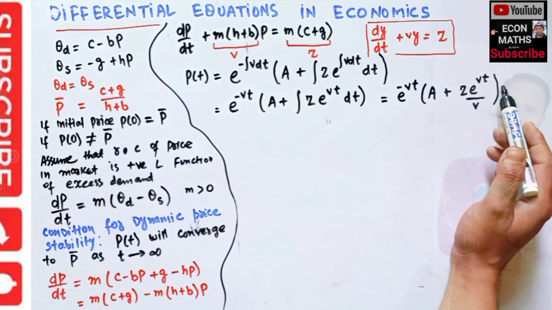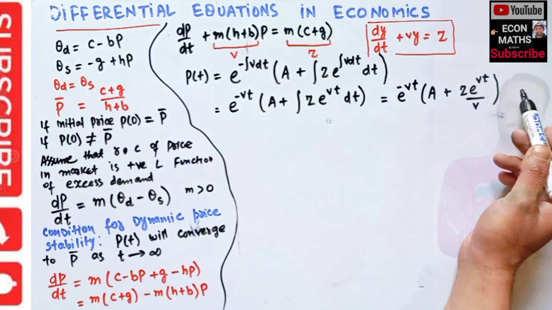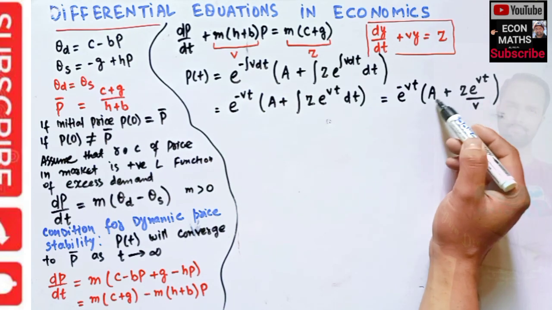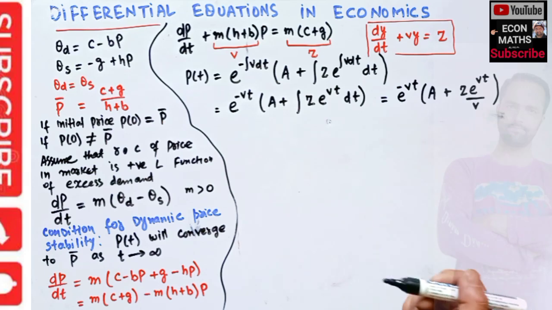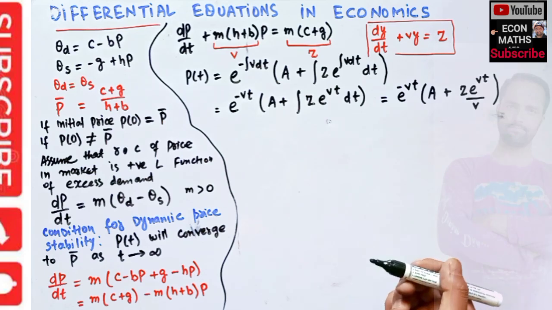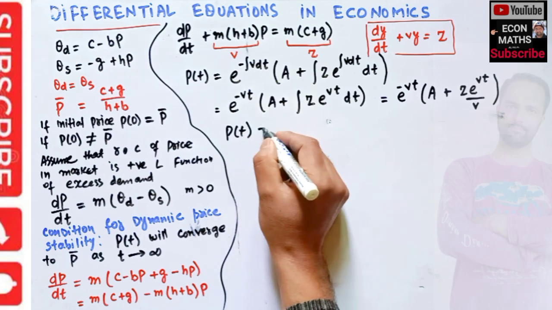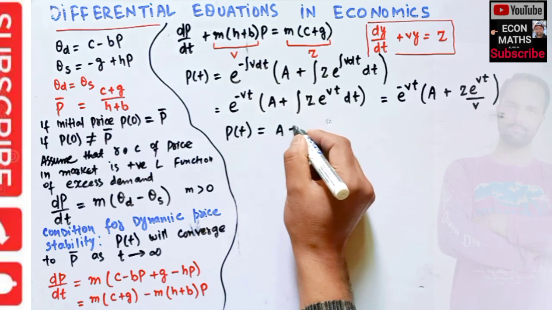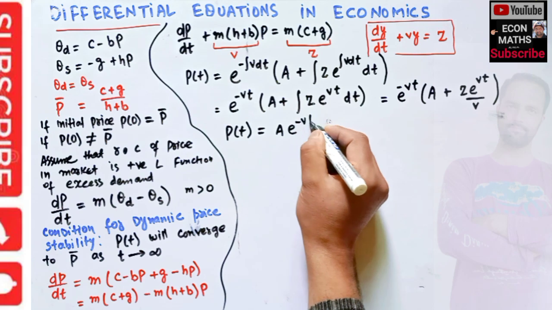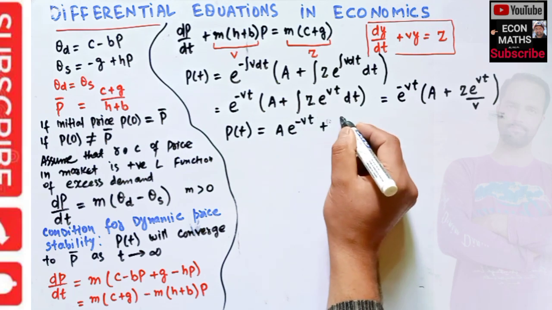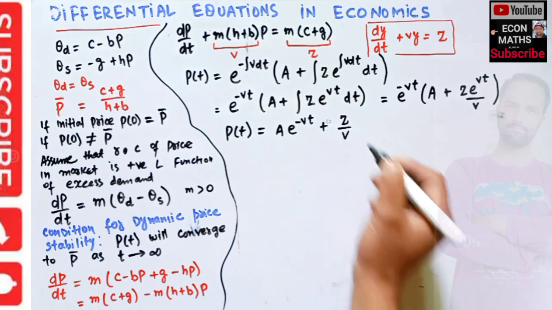Okay, we are not writing here the constant of integration, because it will be subsumed in this arbitrary constant. That means our p(t) will be equal to A e raised to the power minus vt plus z upon v.